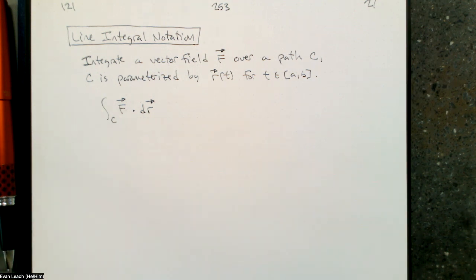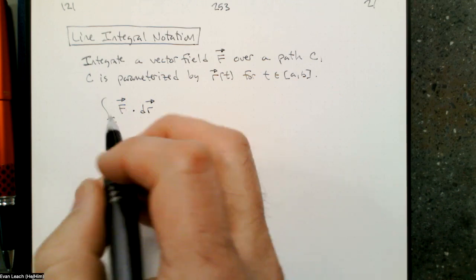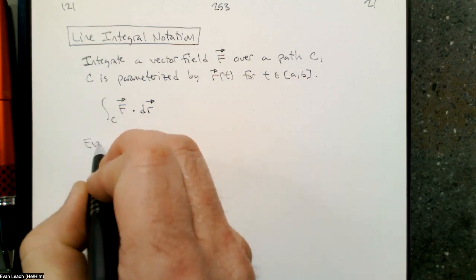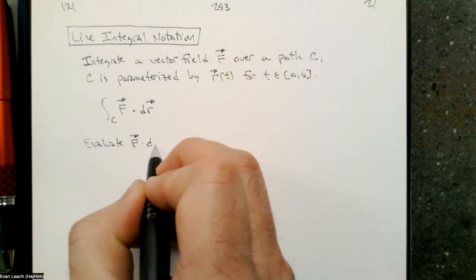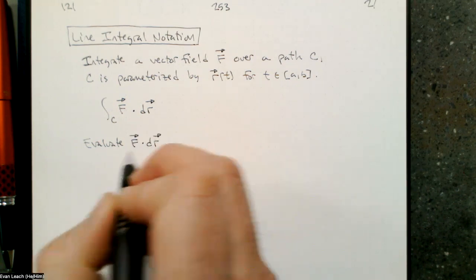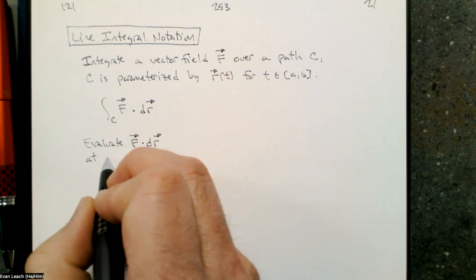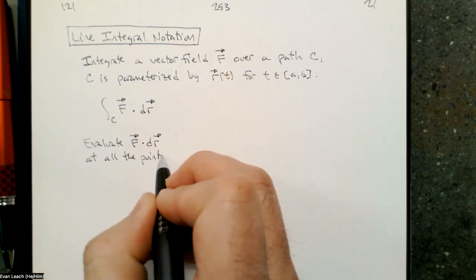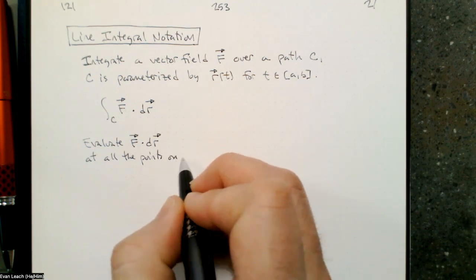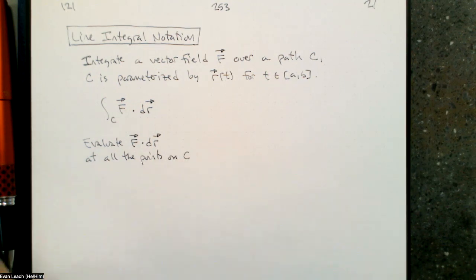I didn't have to talk about line integrals at all. This is what integral notation means. We're going to evaluate F dot dr at all the points on C. In C, on C, doesn't matter.